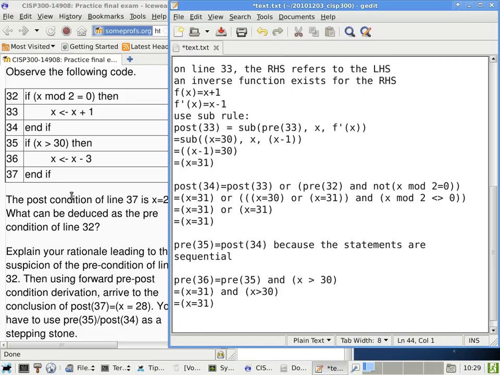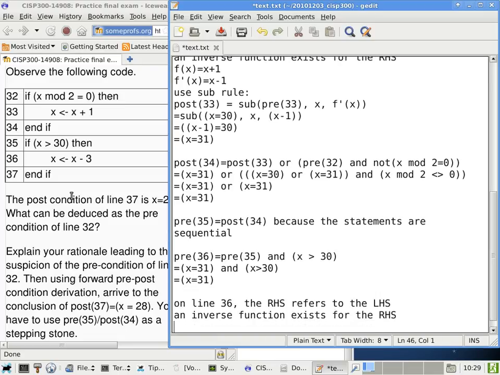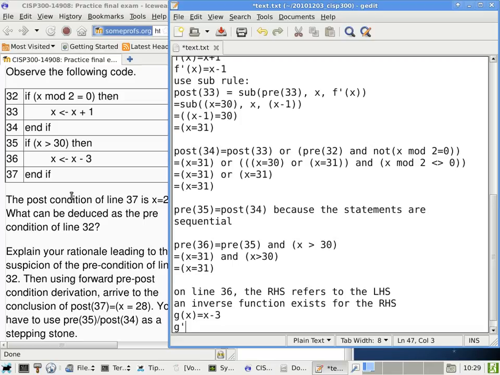Okay, if x is 31, then we look at line 36. On line 36, the right-hand side, once again, refers to the left-hand side, and an inverse function exists for the right-hand side. G of x, in this case, I just use a different letter so I don't confuse myself with the other one.